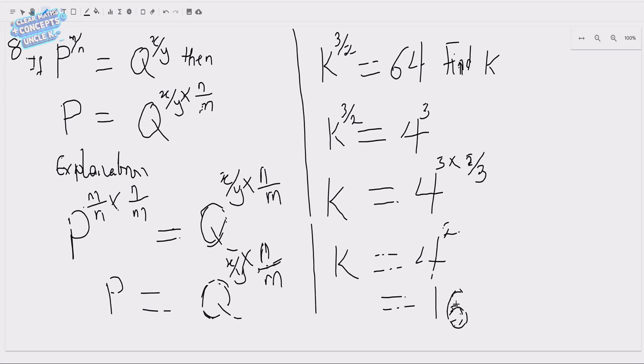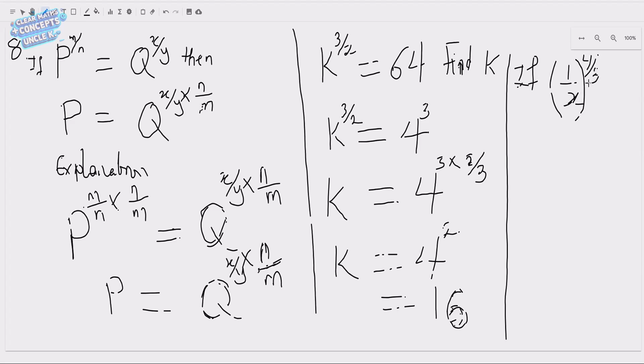I'll do one more. It says if 1 over x raised to the power 4 over 3 equals 256, we have to find x.